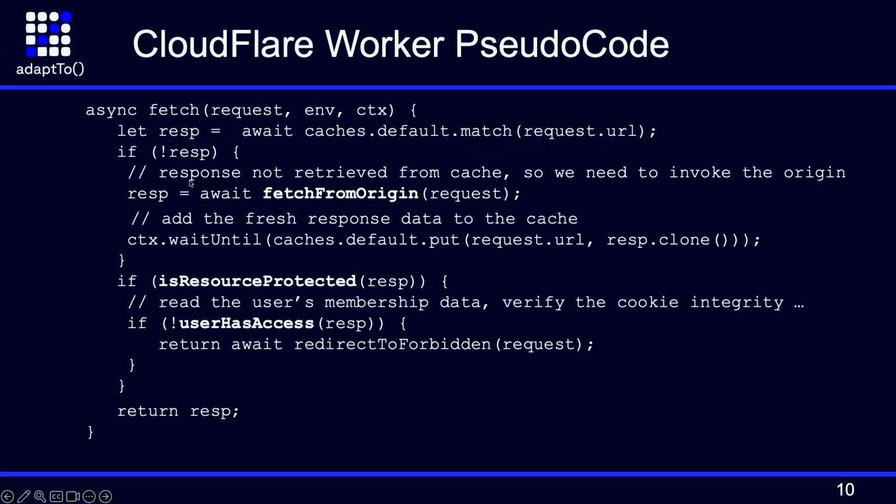If not, we fetch it actively from the origin, which is EDS in this case. And once we have successfully fetched it, we push it into the cache. Only at this point, we can finally check if the resource is protected. And if it is protected, we validate the user's access and return the appropriate response.